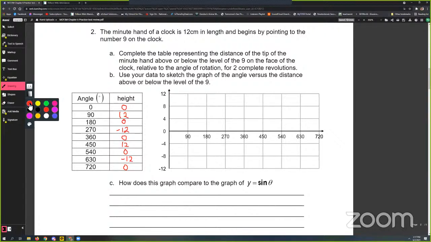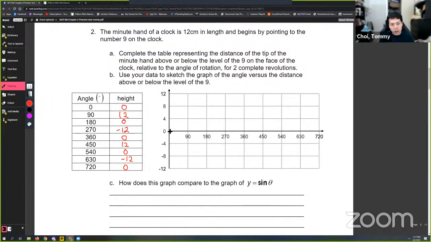So once we have that there, we can now graph it. So the graph that I should see here is 0, 12, 0, negative 12, and that repeats over for 2 rotations. Now, I'm going to try my best to draw my terrible sine graph.